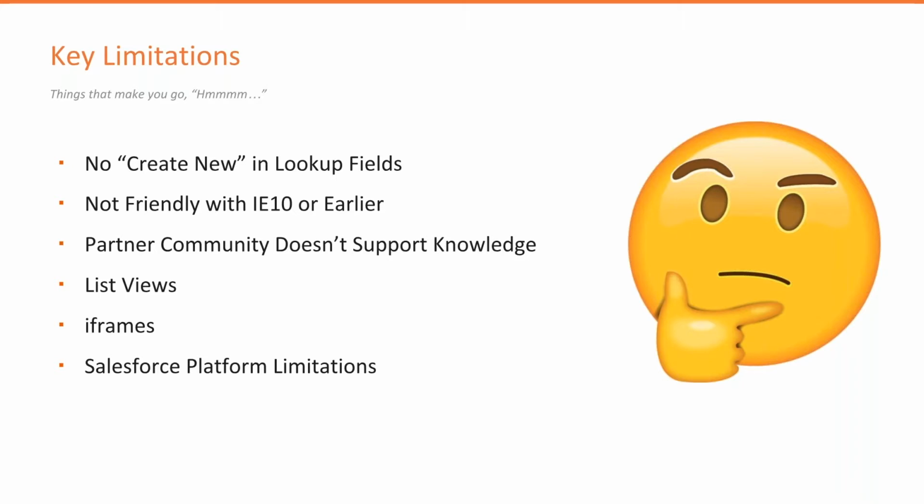Absolutely. So I pulled out the things that made me stop and go, that's odd. Because we all know Salesforce has limitations, right? Limitations? Crazy. And I could sit here and list numbers at you, but it wouldn't exactly be an engaging presentation.